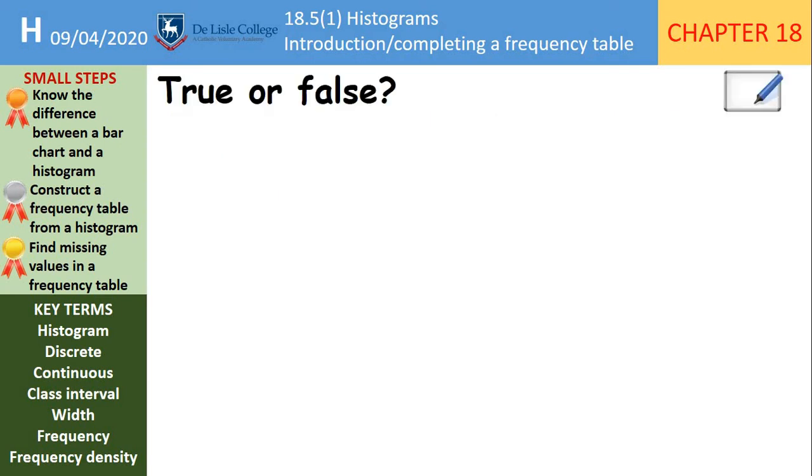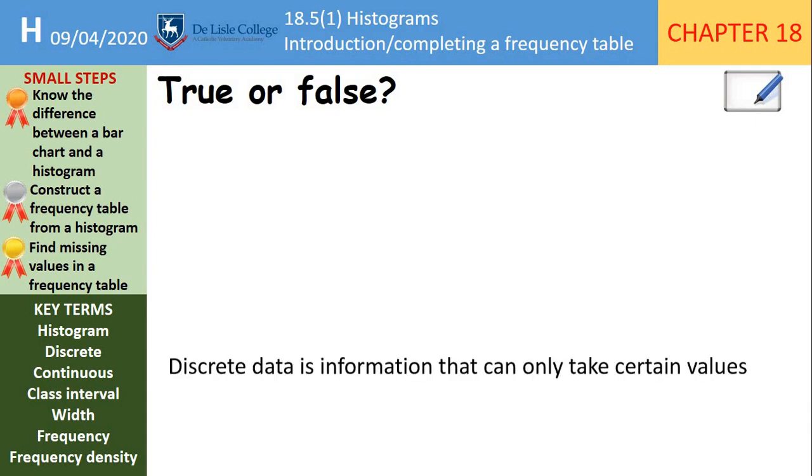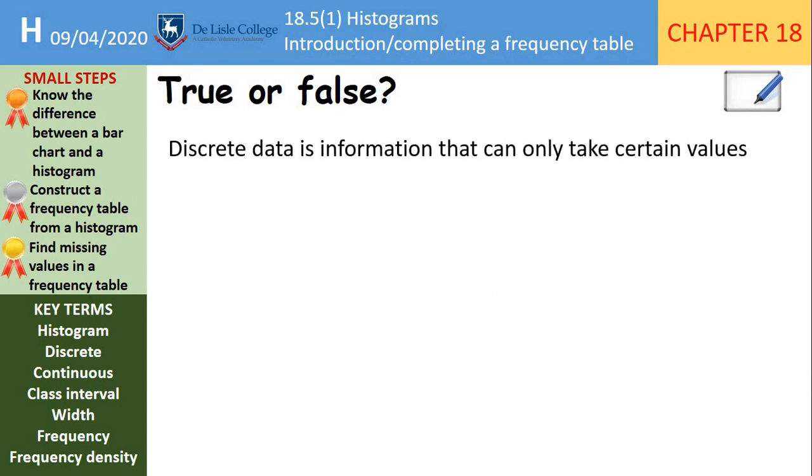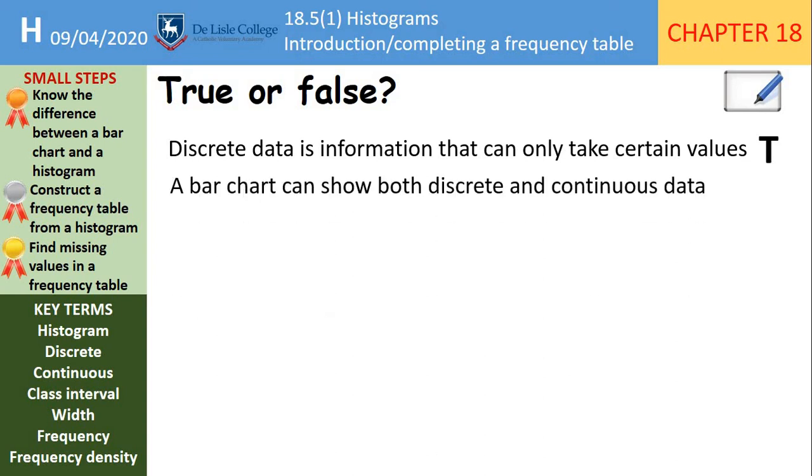Have a go at some true or false questions with me. Discrete data is information that can only take certain values. Remember, this is true. A bar chart can show both discrete and continuous data. So this is false.